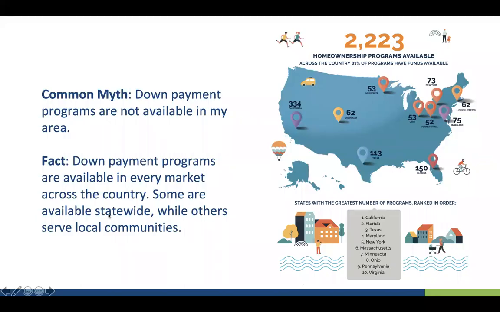So if you are in Silicon Valley, California, or in Manhattan or Austin, Texas, you're going to have higher income and purchase price limits for programs in your market than if you were in Atlanta, Charlotte, well, maybe not Denver, but the point is the income and purchase price limits for the programs in your market are going to reflect median incomes and median purchase prices in your market.